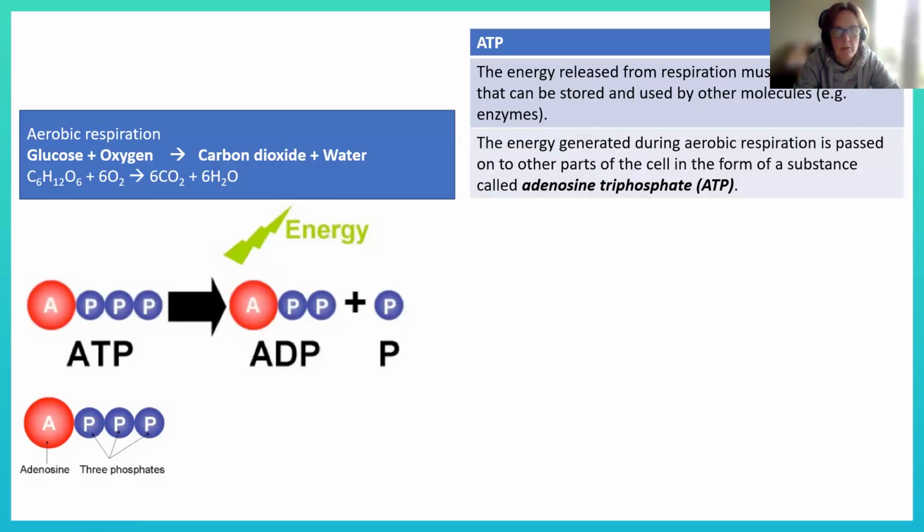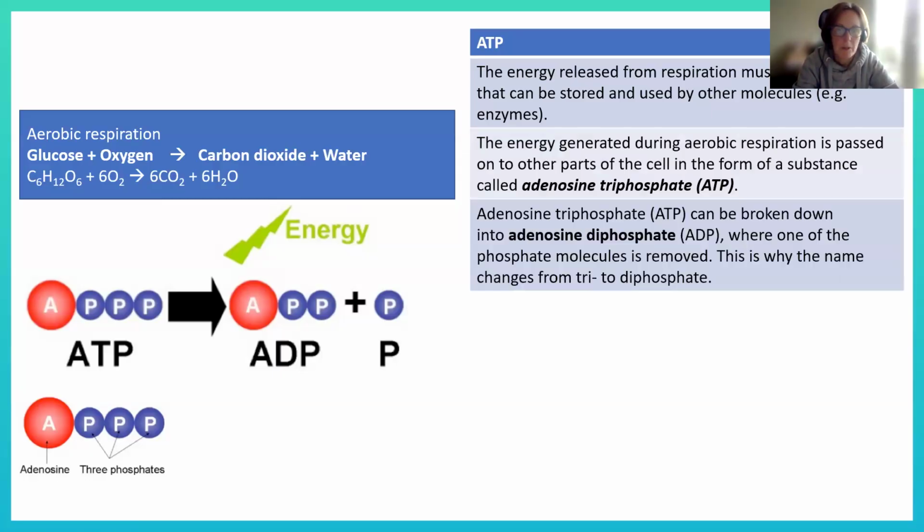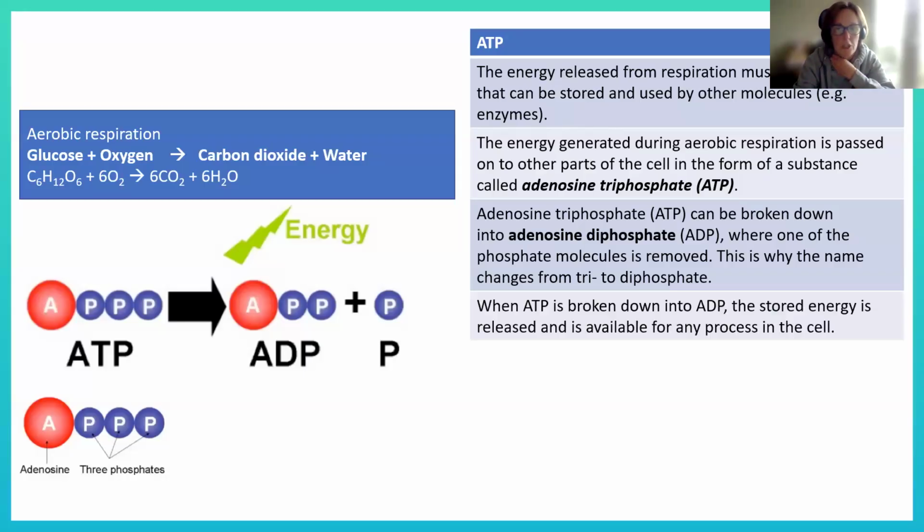So the energy that's generated during aerobic respiration in the form of ATP molecules can be moved around really easily. ATP can be broken down into ADP, where one of these phosphate molecules is removed, and that's why the name changes from tri to diphosphate, tri meaning 3, di meaning 2.